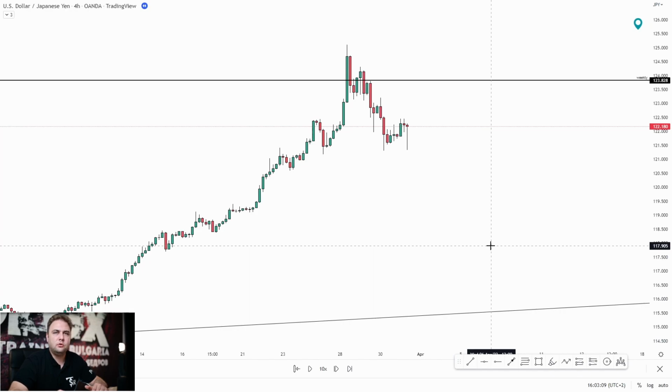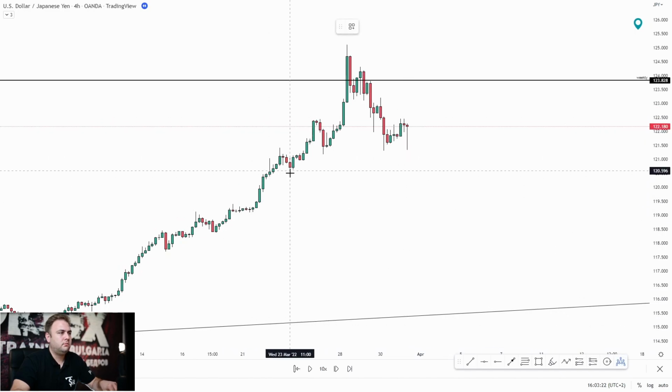Now, let me show you one example when the price doesn't break the neckline and the head and shoulders pattern doesn't work this time. Now, this is the example on US dollar versus yen. So, here you can see that this is the uptrend and the price is making a higher high and then suddenly is making a lower high.